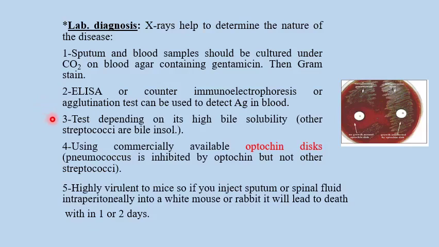There is a very important characteristic test, it is important that you know it, which is the test depending on its high bile solubility. By this test we can differentiate between Streptococcus pneumoniae and the other Streptococci species, which are bile insoluble. The bile solubility is due to autolysin, and the bile acts as a surface active agent.